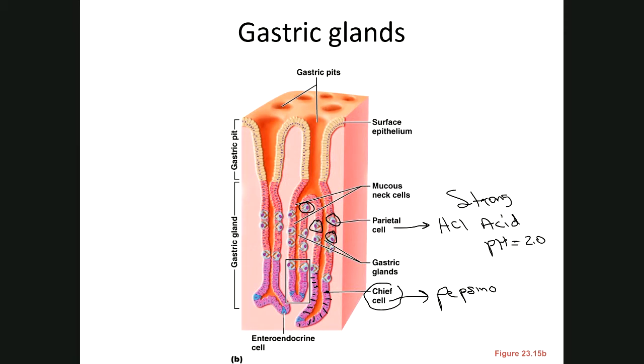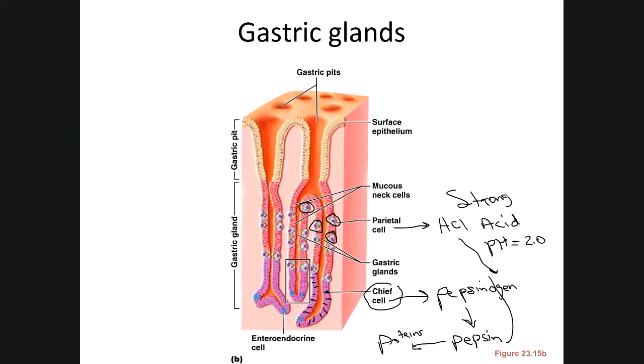It doesn't do anything until the acid cuts a little piece off and it becomes pepsin. And then pepsin digests proteins. So it chops proteins up into smaller segments, into peptides.